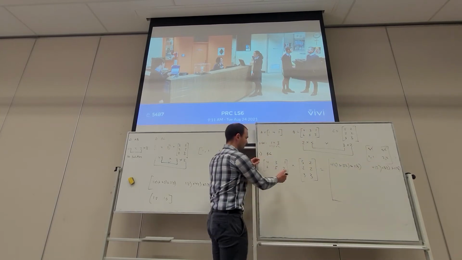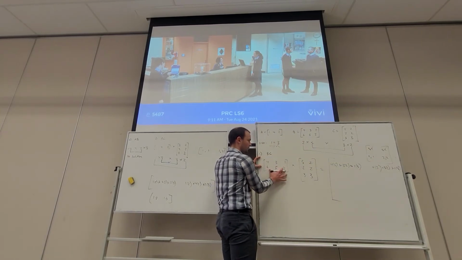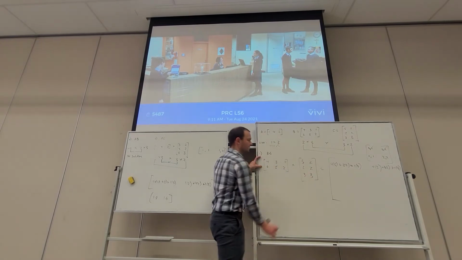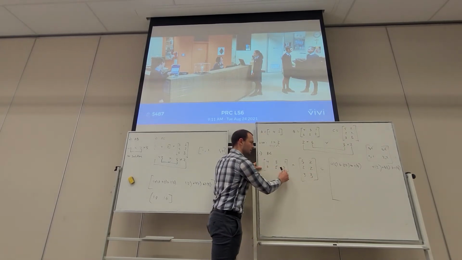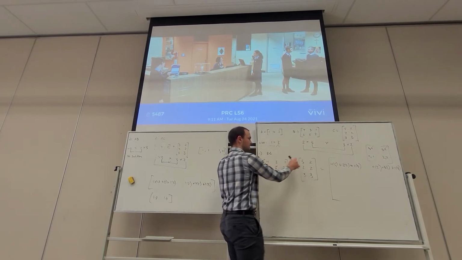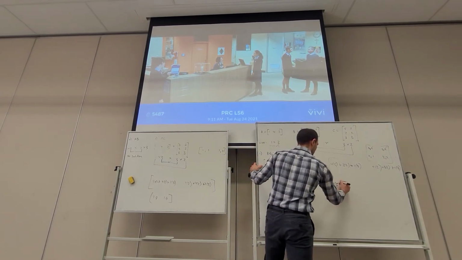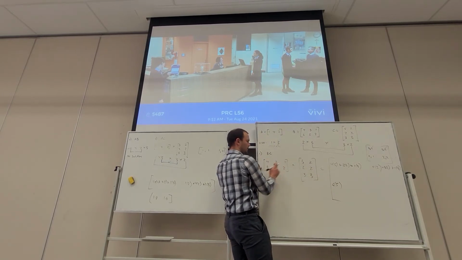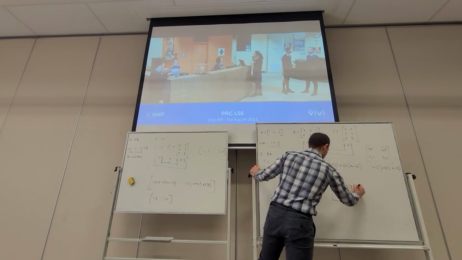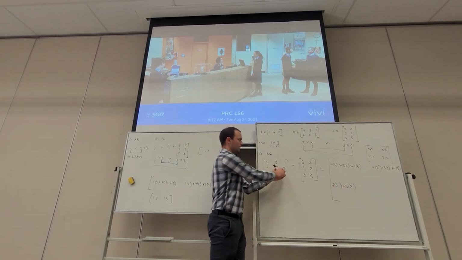So everything in this row times everything in this column. We're going 6 times 5, so the first elements multiply one another, and 5 times 2, and then 2 times 3.